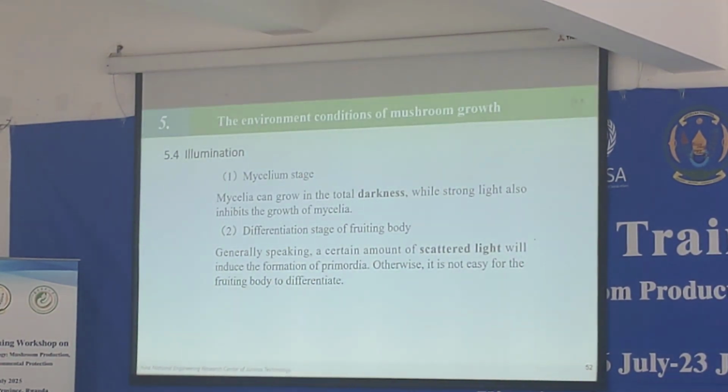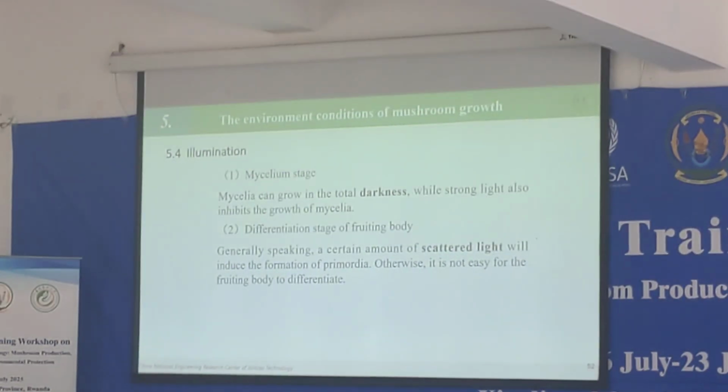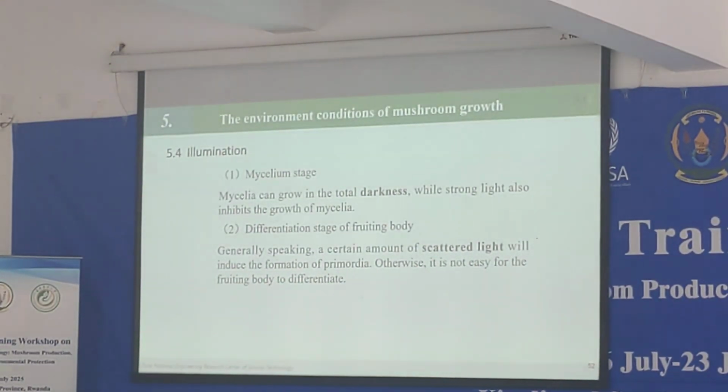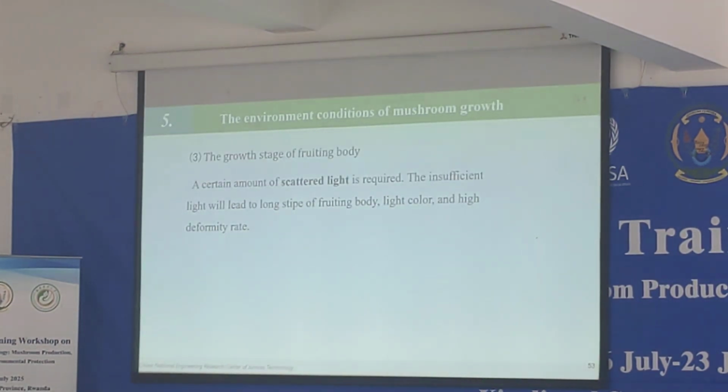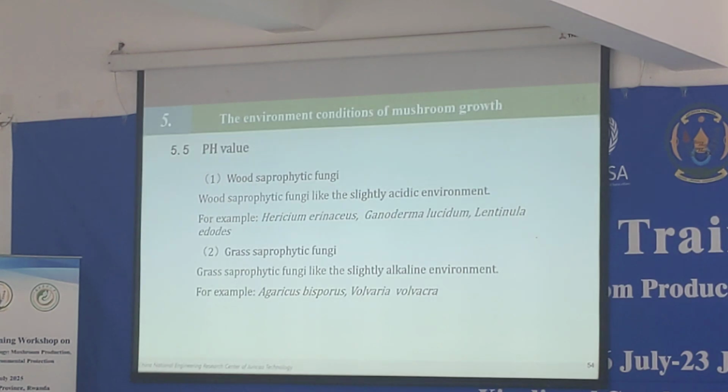When we make a mushroom house, we use some glass. We should put the glass together and stop the sunlight. We can grow mushrooms under the shade. Next, the pH value.